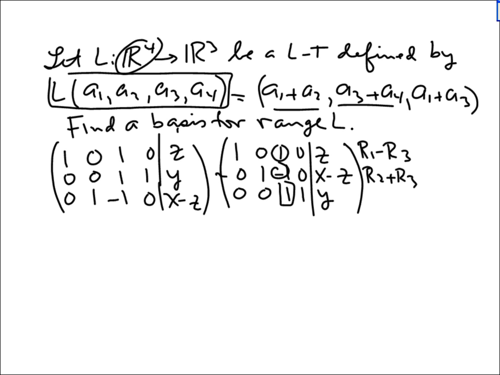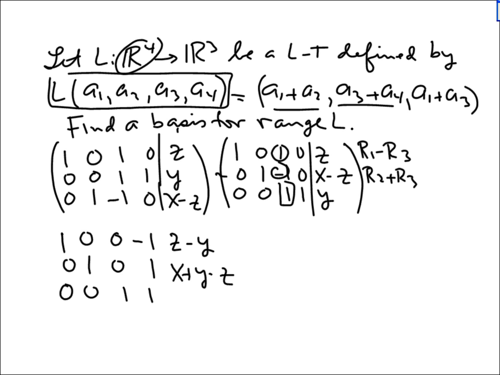Okay. Row 1 minus row 3 is 1, 0, 0, minus 1, z minus y. I add the last two rows, x plus y minus z. I don't do anything to the last row.